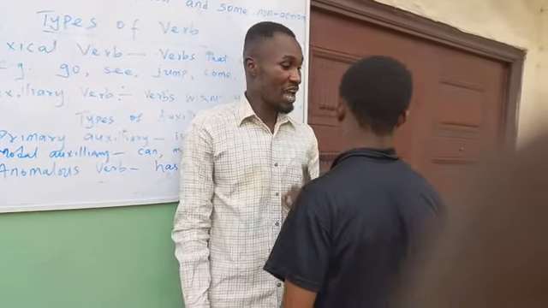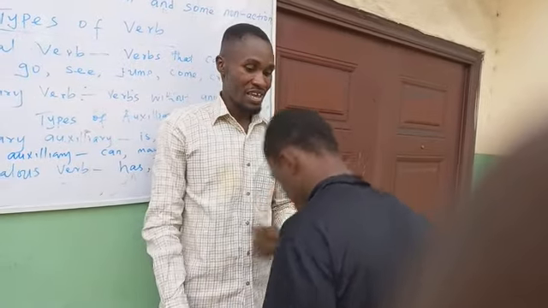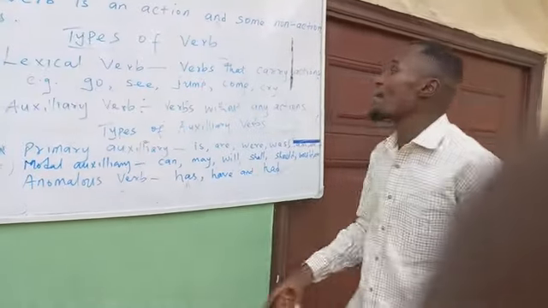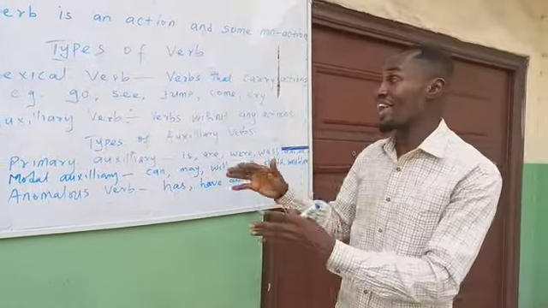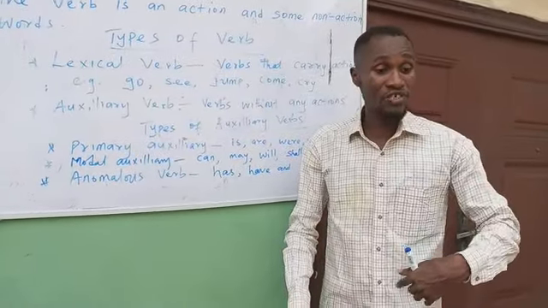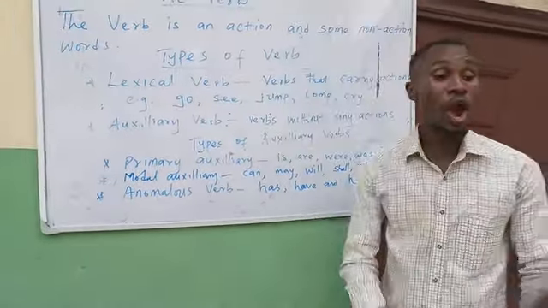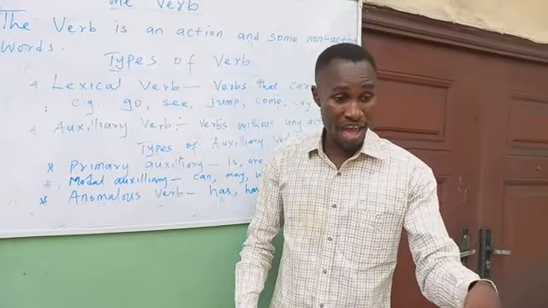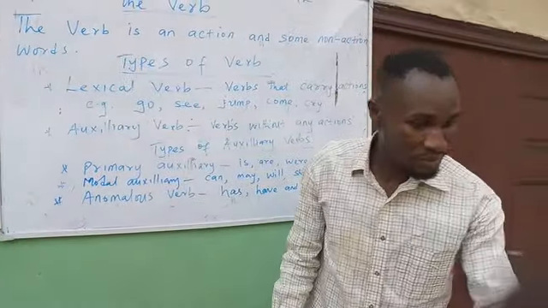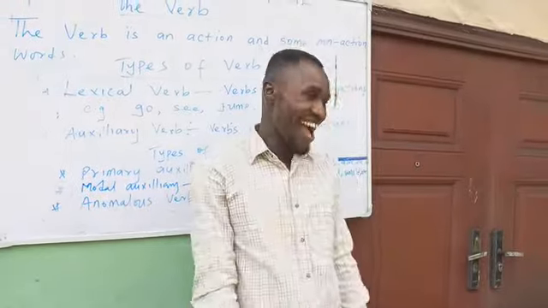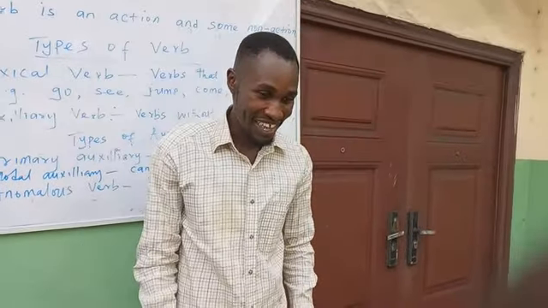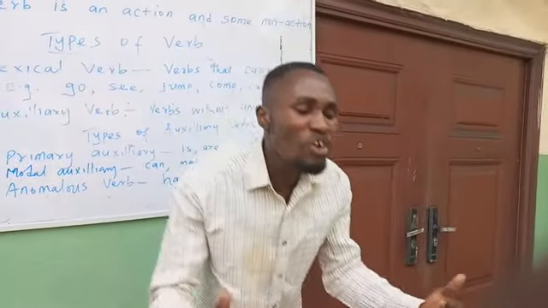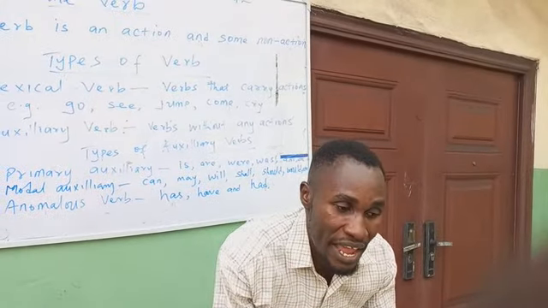You see, you perform an action, right? Go is also an action, right? So when you heard me say come, you did come, right? When you heard me say go, you did what? Go, right? Okay, cry. Come on, cry. Okay, now you're crying, right? Why did you cry? Because you heard me say cry.